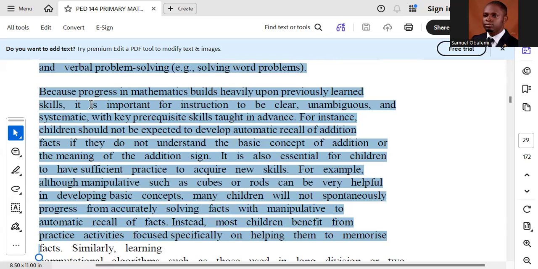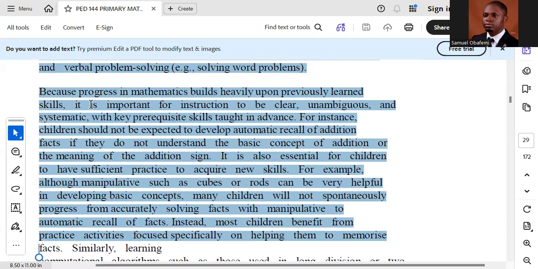Now, why is automatic recall important? Let's look at it. Imagine you met a primary 6 pupil solving 347 times 8, for instance.